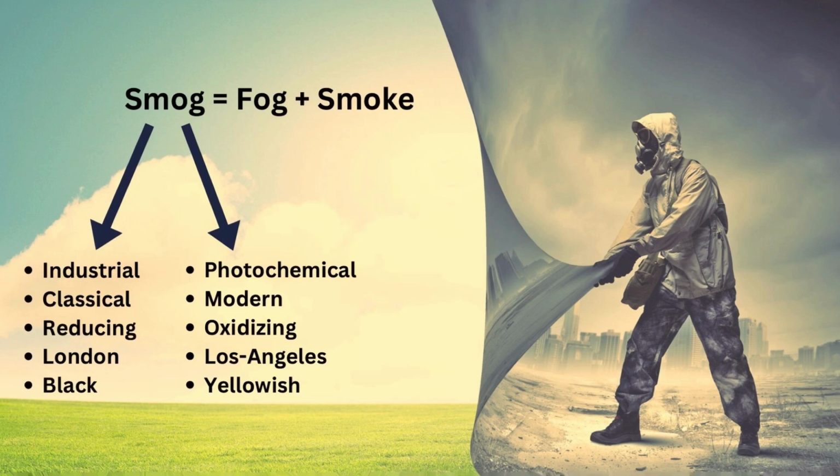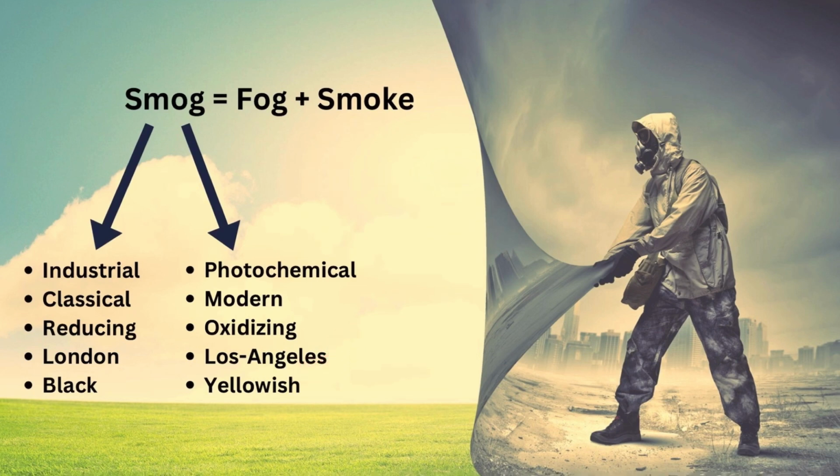Nowadays the smog that appears is called photochemical smog because of the nature of the chemical reactions taking place in it. This is also called modern smog because nowadays this type of smog occurs. It is oxidizing in nature because the contents present in this smog are oxidizing in nature.